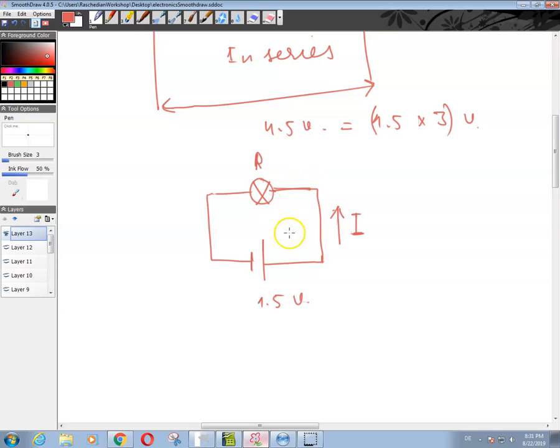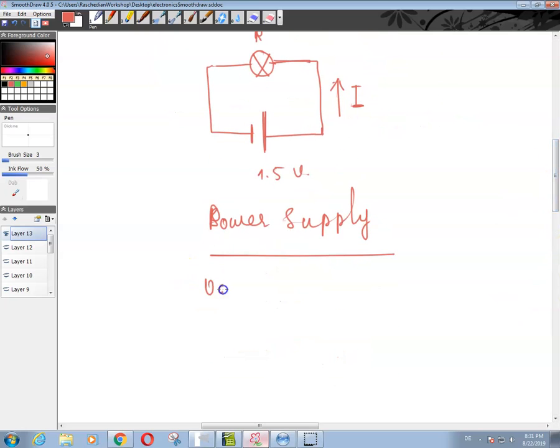So now, usually on an electronics bench, there is something called a power supply. What a power supply does is that, first of all, your voltage is regulated, meaning that, for example, you would get 0 to 25 volts DC.